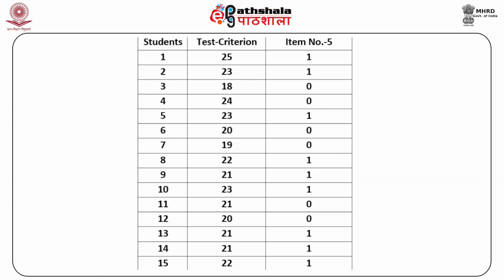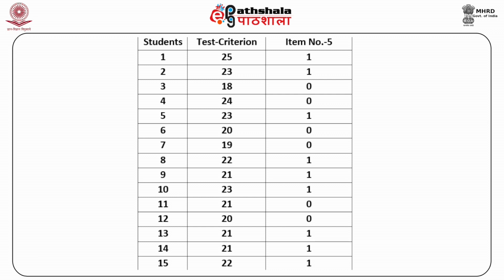MP is equal to 25 plus 23 plus 23 plus 22 plus 21 plus 23 plus 21 plus 21 plus 22, divided by 9, making it 22.23, and MQ is equal to 18 plus 24 plus 20 plus 19 plus 21 plus 20, divided by 6, which is equal to 20.33.